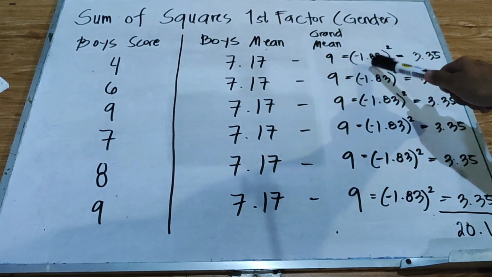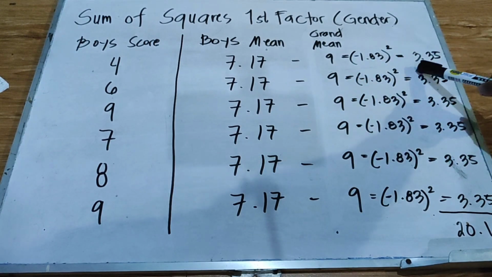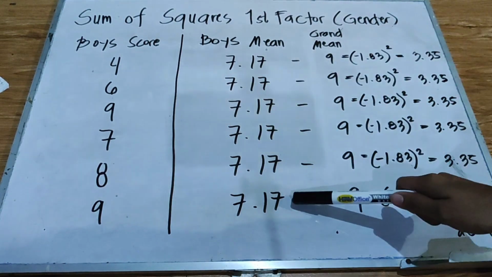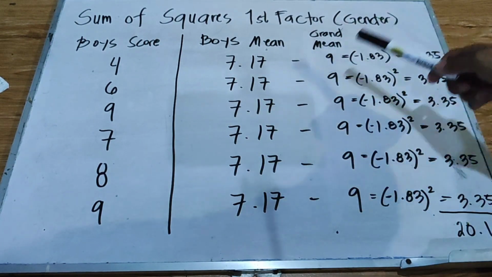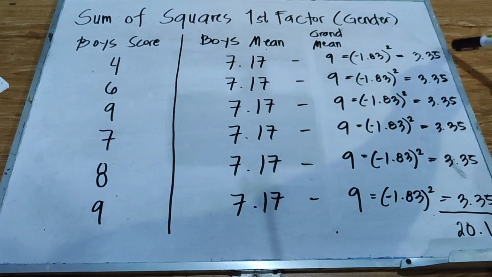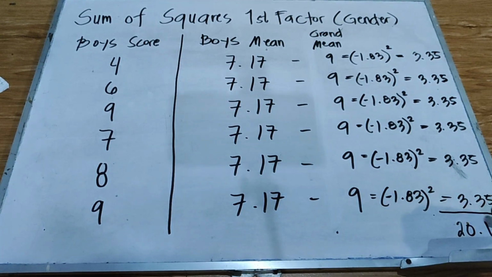Nga ato siyang squared negative 1.83 times negative 1.83 is equals to 3.35. Since pareho raman og boys mean ang tanan ug ang grand mean, so same process, same na po sila og result. So ikahuman atong i-add ang 3.35 plus 3.35 plus 3.35 is equals to 20.1.